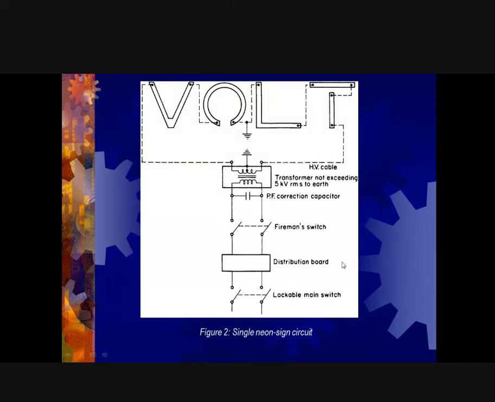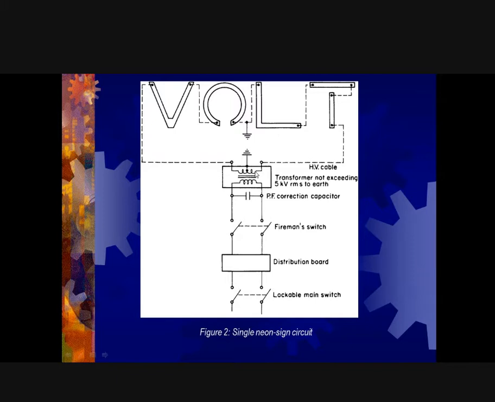So we have our distribution board, or our panel box. We have our fireman switch, or circuit breaker. We have our power factor correction capacitor because of the induction involved. We have to use a power factor correction capacitor for this type of light.